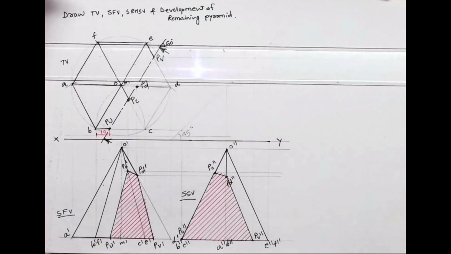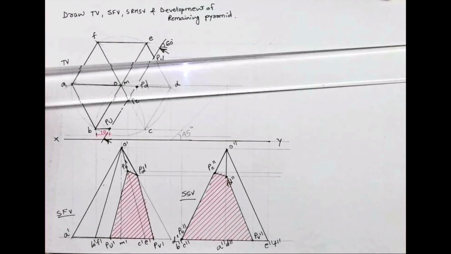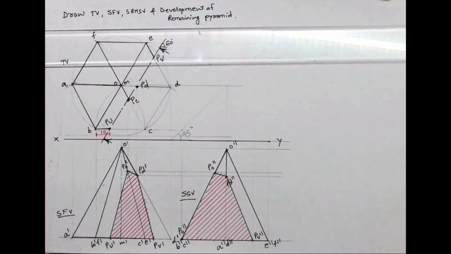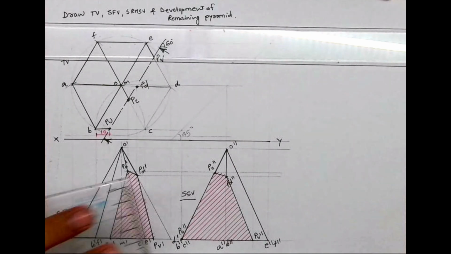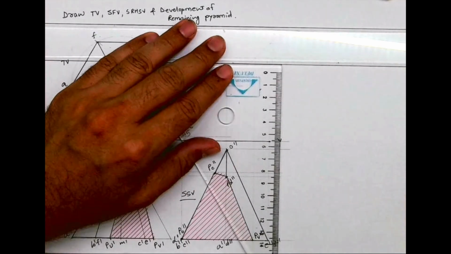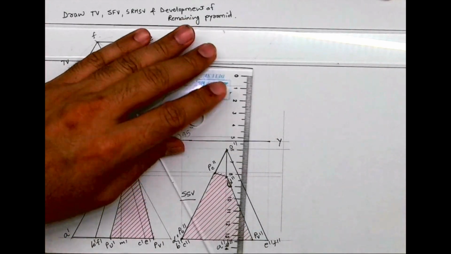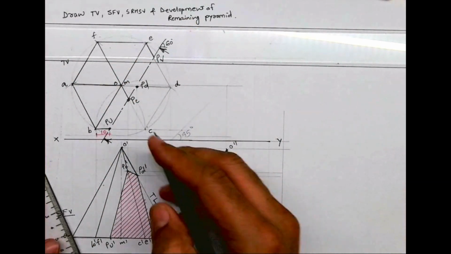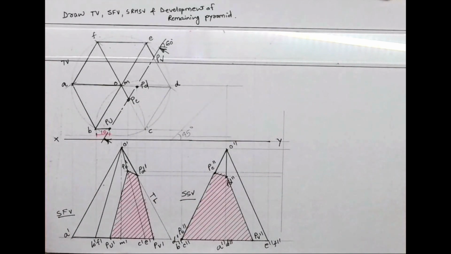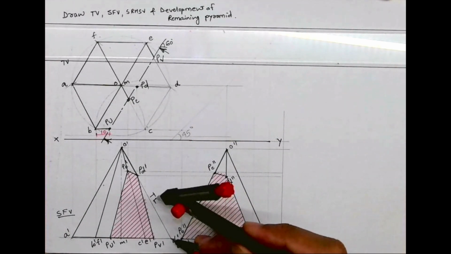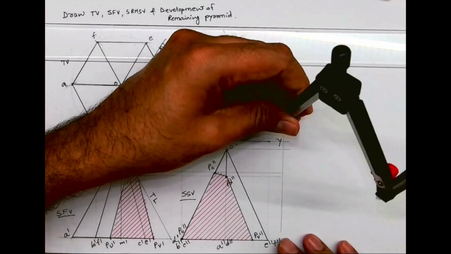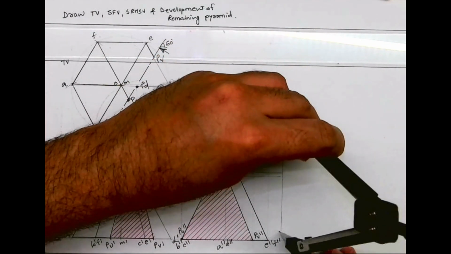Now we'll draw the top development. For development we'll draw one vertical line. We'll take the true length. Now if you see, OD is horizontal, so O dash D dash would be the true length. So take the true length in your compass and from here you draw an arc.